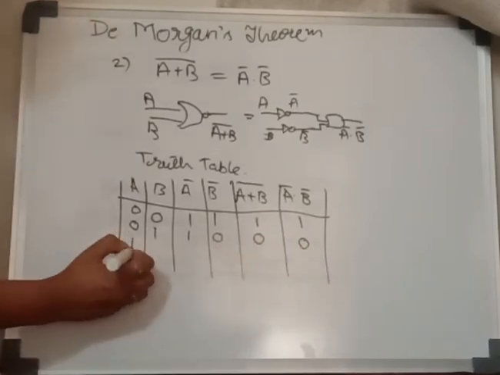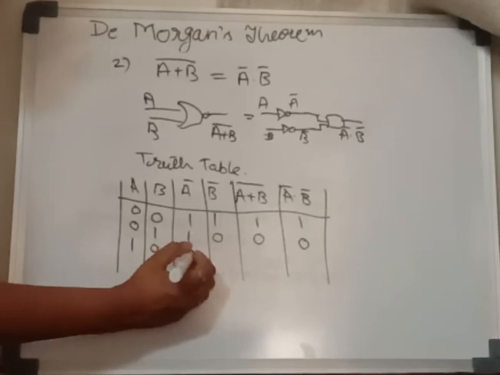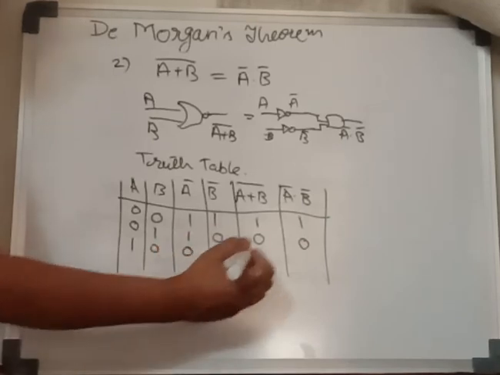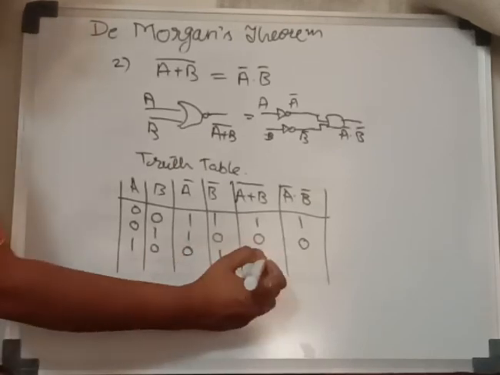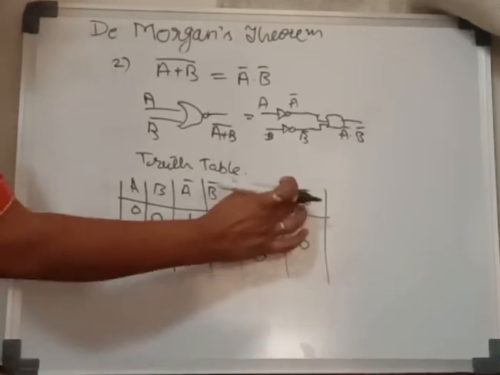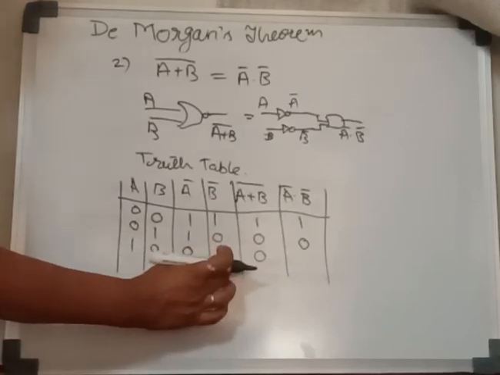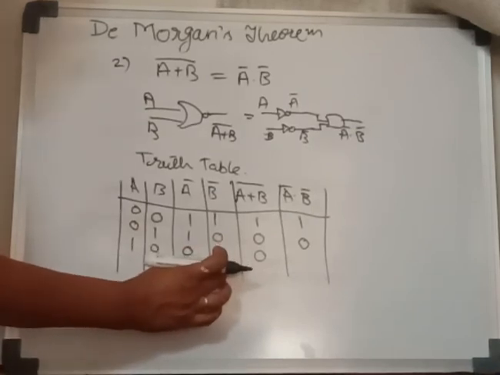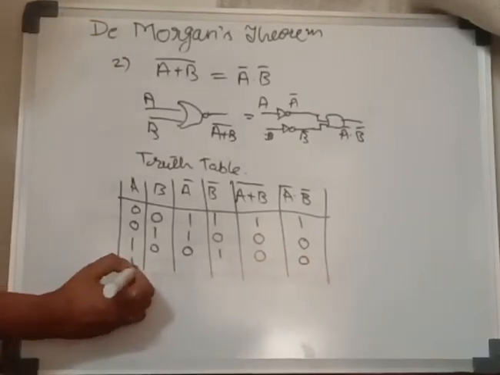Similarly, when A is 1 and B is 0, A negation will be 0, B negation will be 1 and the sum of this will be 1 and its negation will be 0. Similarly, for the product A negation 0, B negation 1, product will be 0. The last stage is 1, 1.